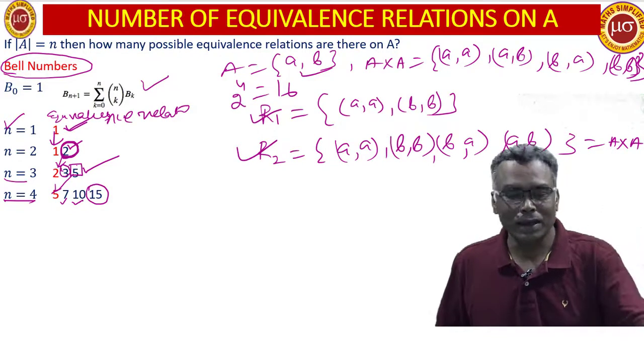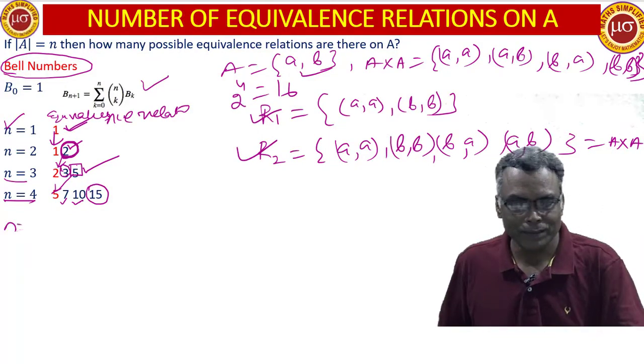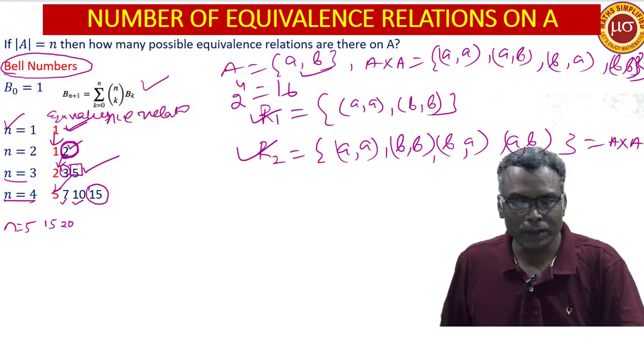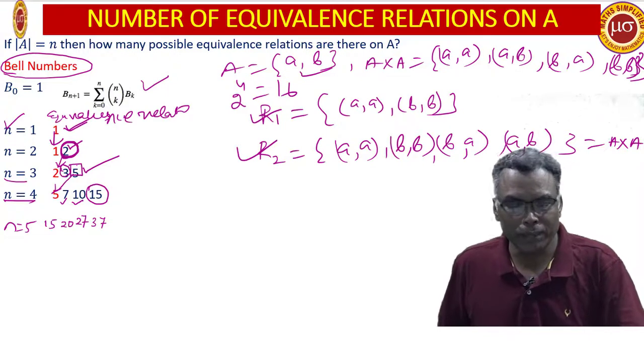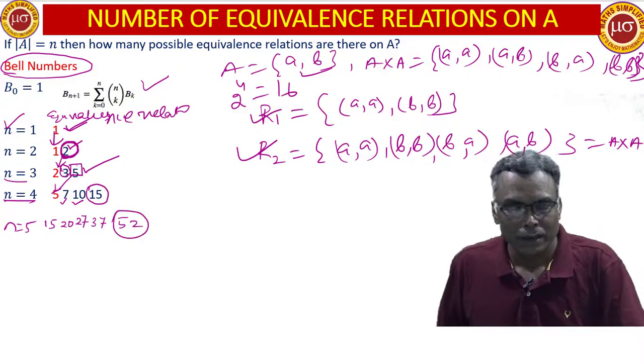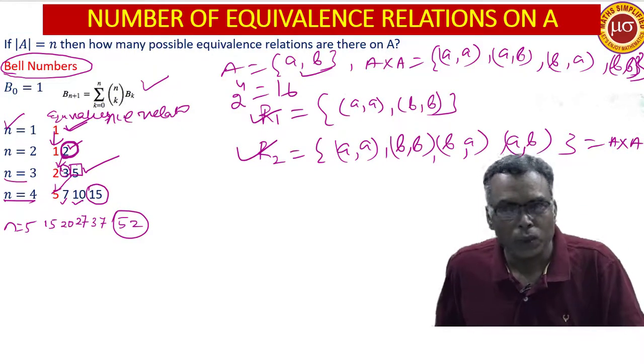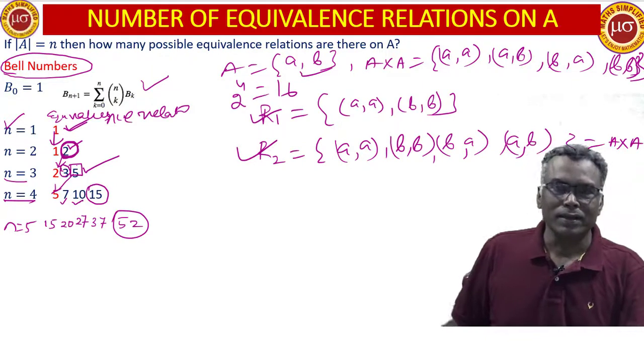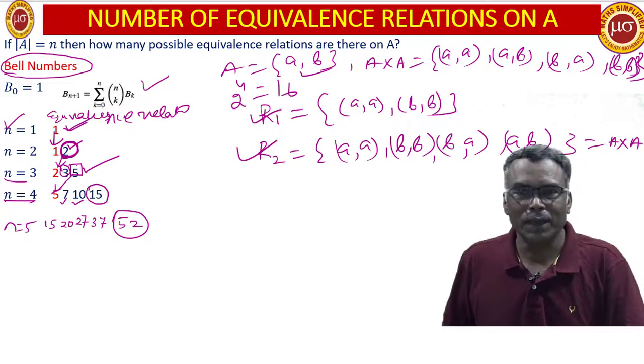Then if the set contains 5 elements, copy 15. 15 plus 5, 20. 20 plus 7, 27. 27 plus 10, 37. 37 plus 15, 52. So there are 52 equivalence relations on a set containing 5 elements.